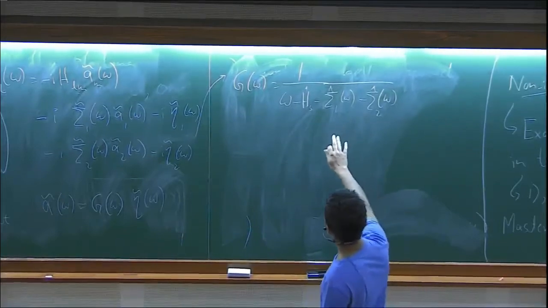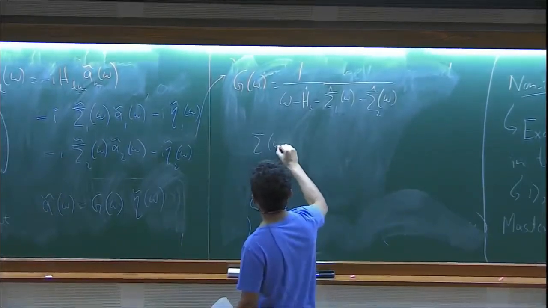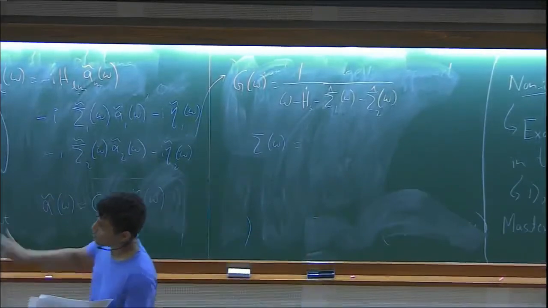Okay, so now this is the Green's function and this sigma omega is basically given in terms of some properties of the bath.